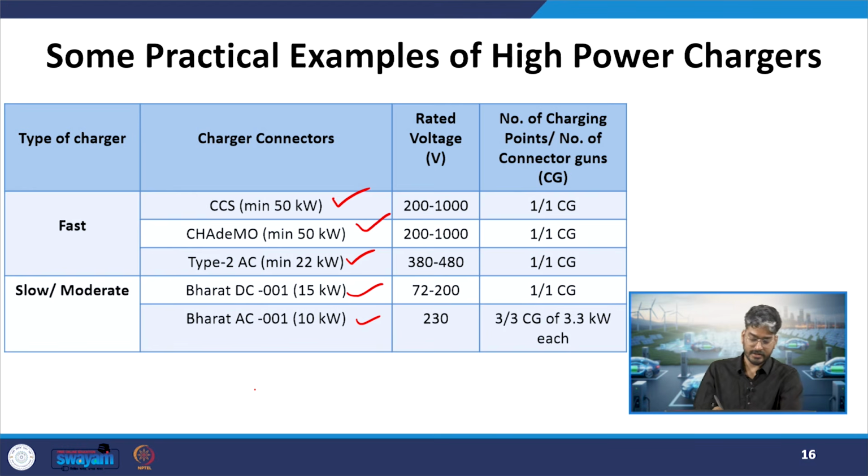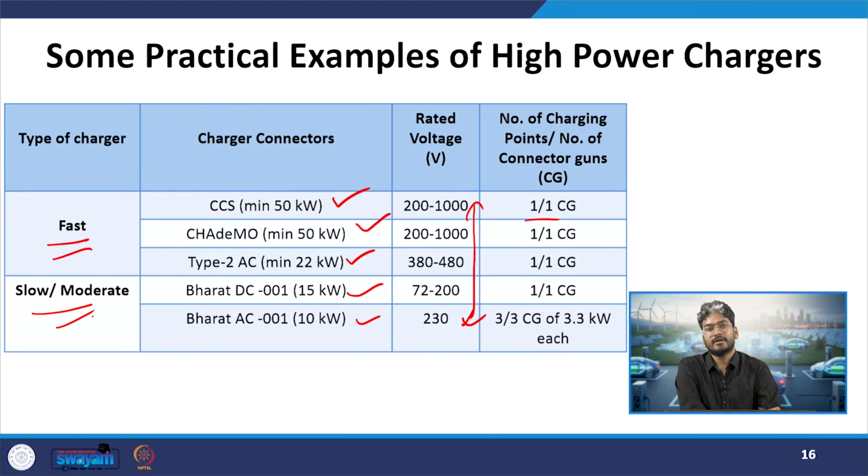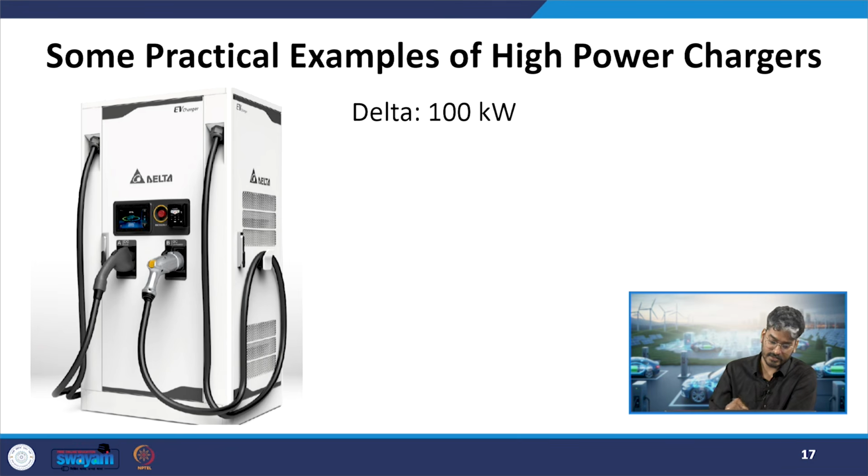Based on the voltage ratings, the corresponding voltage ratings are given here. What is the meaning of this? The number of charging points and the number of charging guns available with us. As we go for different charging modes, I have to select the appropriate charger connectors. Let us see that in more detail in the next few slides.